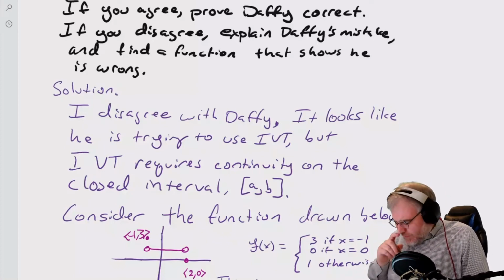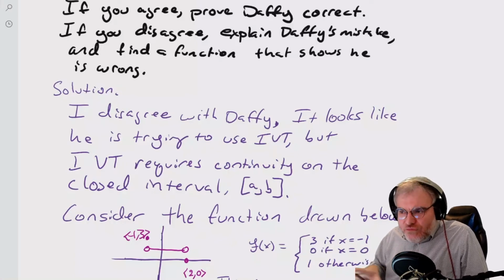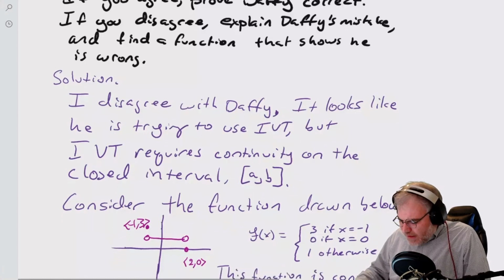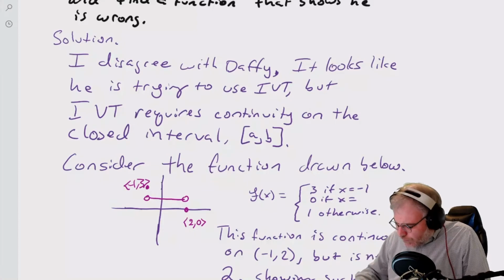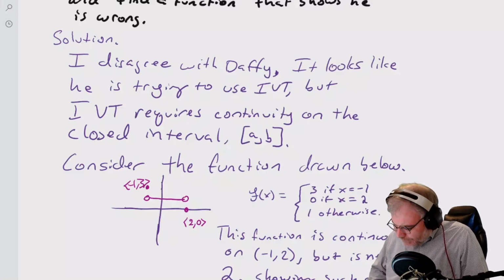Let me give you some tips on how to do that. Constant functions are your friends. Lines are your friends when you want to find examples of things. And piecewise things are good examples. This function right here is a piecewise function where f of -1 equals 3, f of 2 equals 0, and it's 1 otherwise.